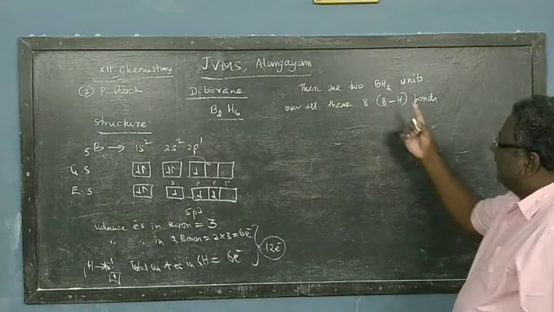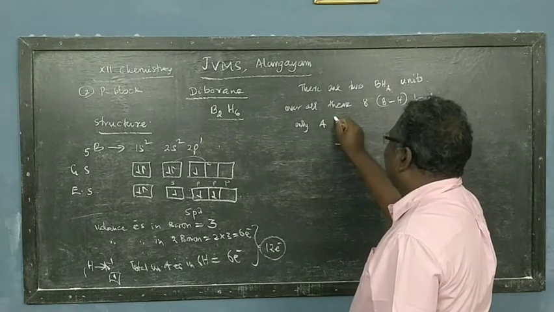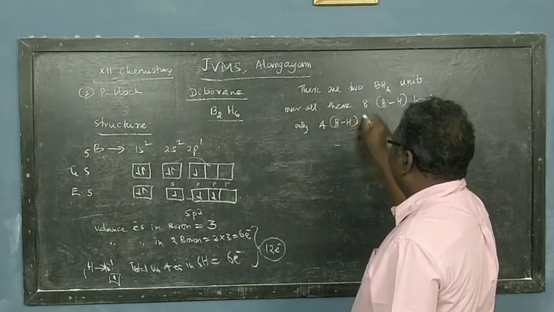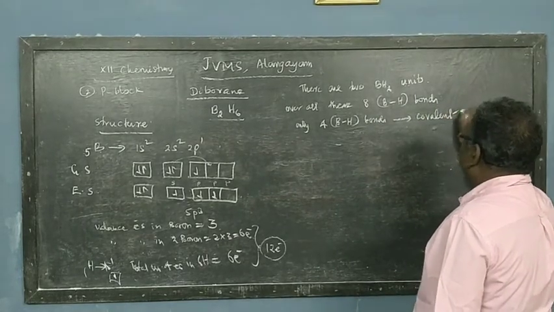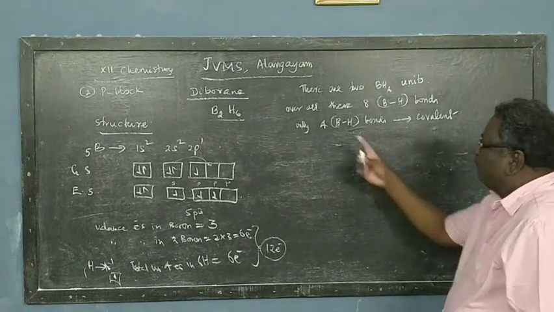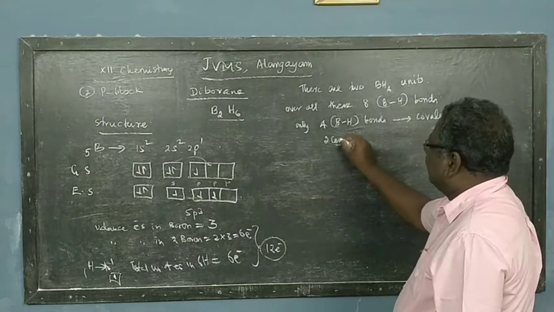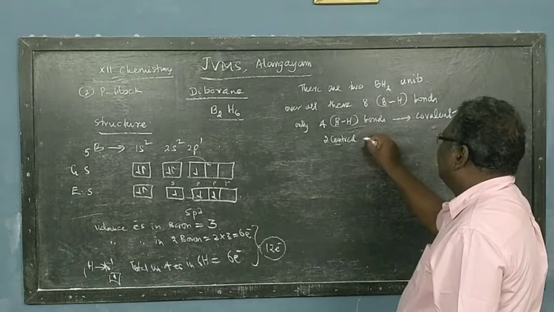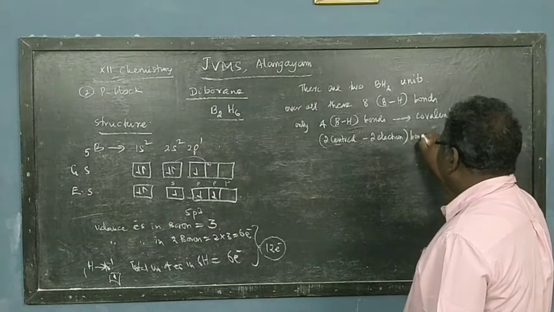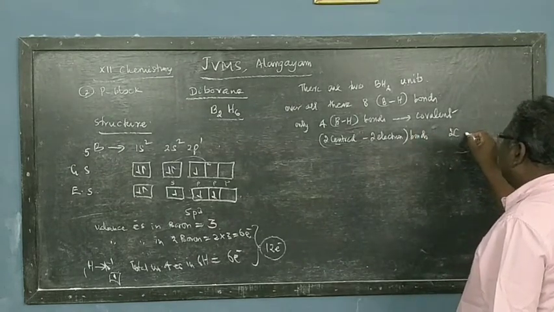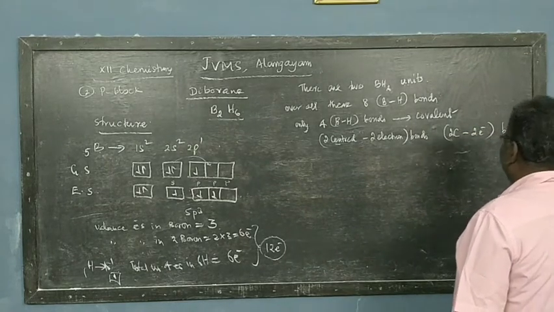Out of the 8 boron hydrogen bonds, only 4 are found to be covalent. These 4 boron hydrogen bonds are called 2-centered, 2-electron bonds. In short, we represent these as 2-centered, 2-electron covalent bonds.